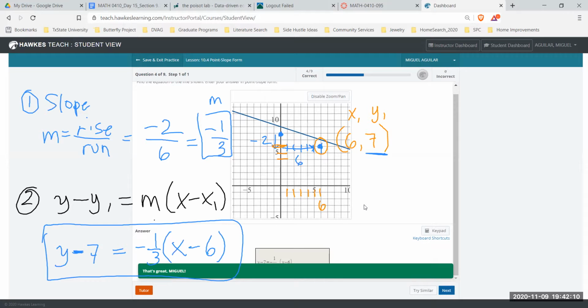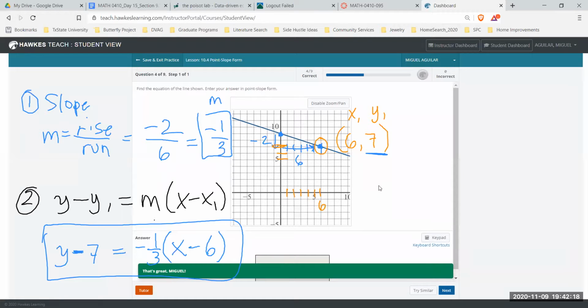How did you know to start right where the under the 5 and go up? For when you did the rise over the run. Oh, you mean where you did from 5 up to this 1, 2, 3, and then how did you know to start right there?